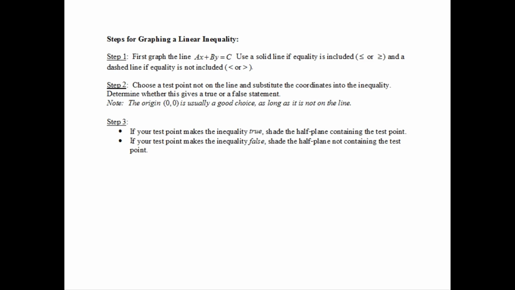Then we're going to choose a test point that is not on the line, and we're going to substitute those coordinates into the inequality and notice whether it is true or false. If it's true, then we need to shade the half plane that contains that test point. If it's false, we need that test point to not be shaded, so we will shade the other half plane.